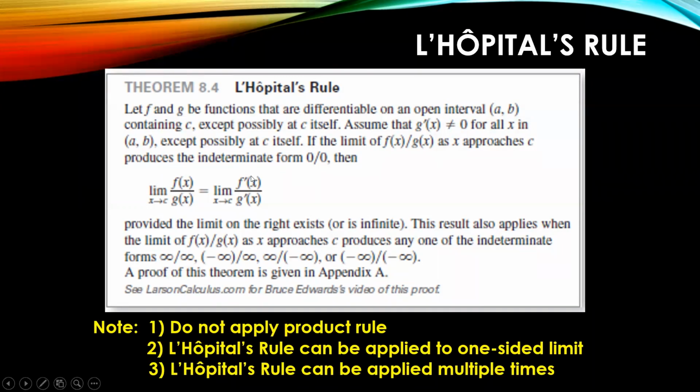Basically, obtain the first derivative of the numerator and then obtain the first derivative of the denominator, but you do not apply the quotient formula or the product formula. So in here, do not apply product or quotient rule.